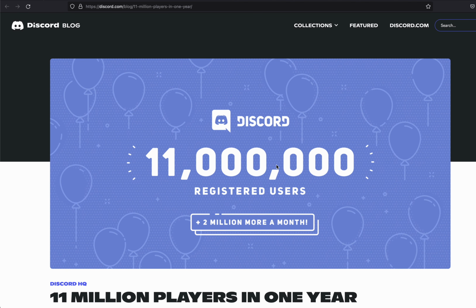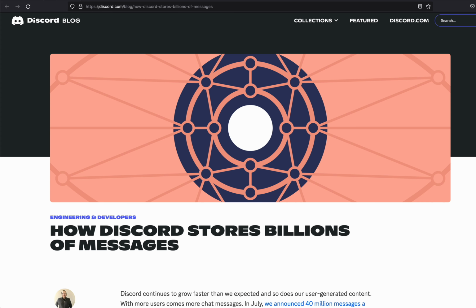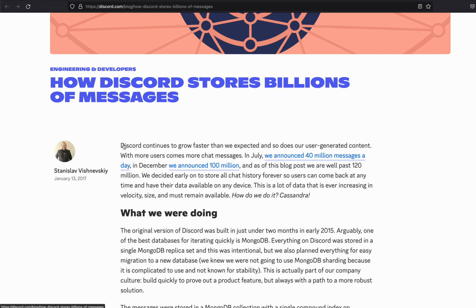Now, coming back to our topic: how does Discord store billions of messages? It was launched in early 2015, and by July 2016 they had around 40 million messages.